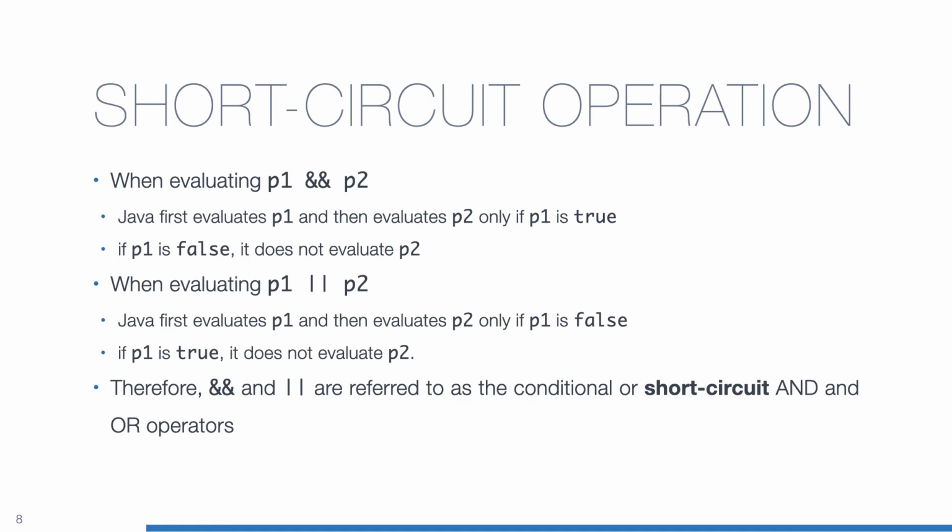That's important because if P2 is such an expression and it doesn't get evaluated, then that expression is not going to execute and the value does not change. So if you are writing something where you're expecting a value to change and a short circuit occurs, it's never going to touch or look at the right side, and so what you're expecting to happen may not happen.